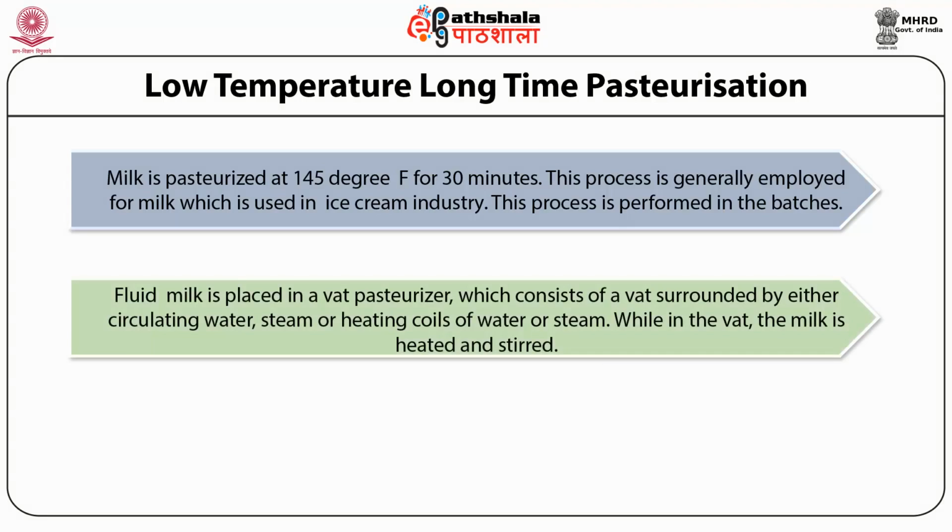This process is generally a batch process in which milk is kept in a wet pasteurizer, which consists of a vat surrounded by either circulating water, steam, or heating coils, which heats it to 145 Fahrenheit.